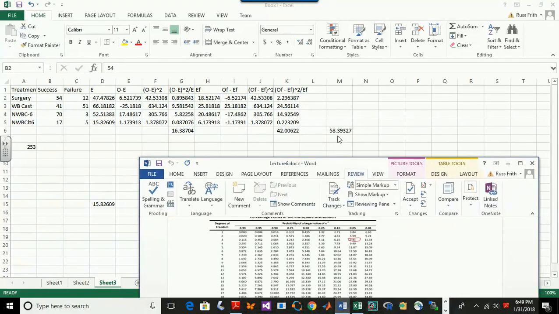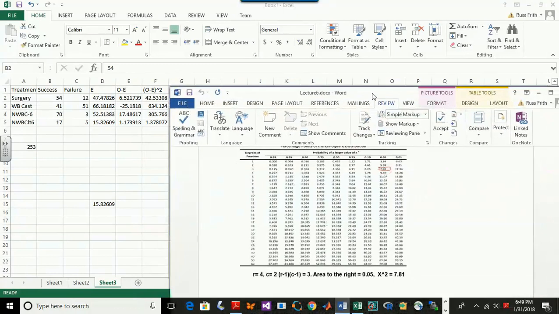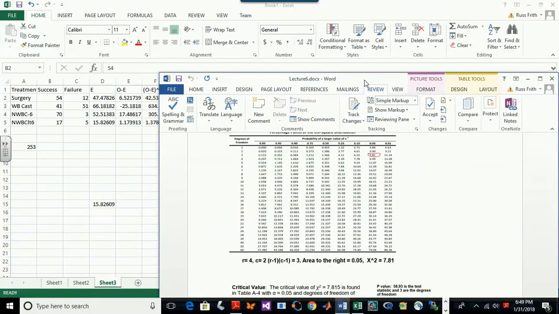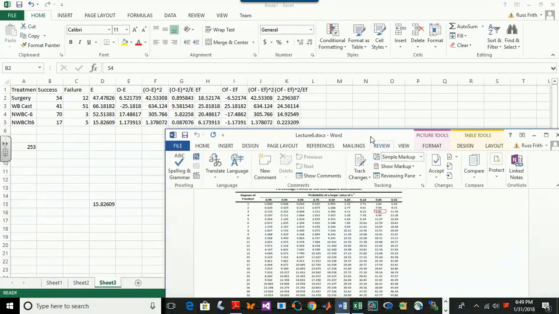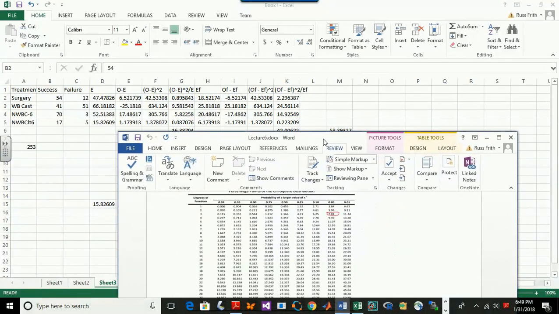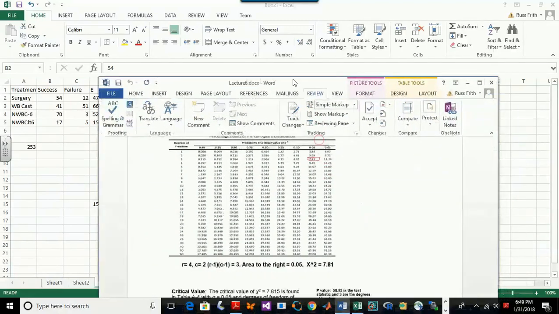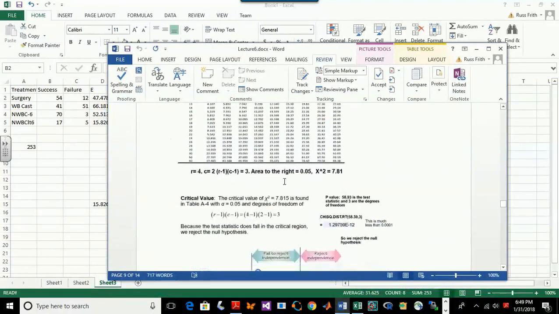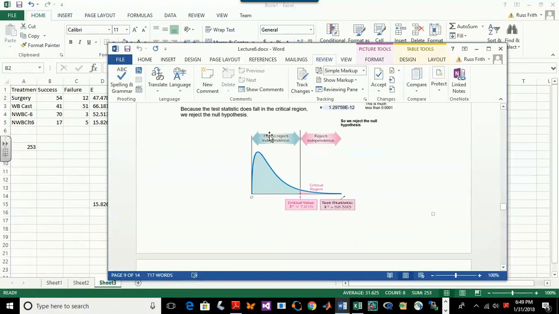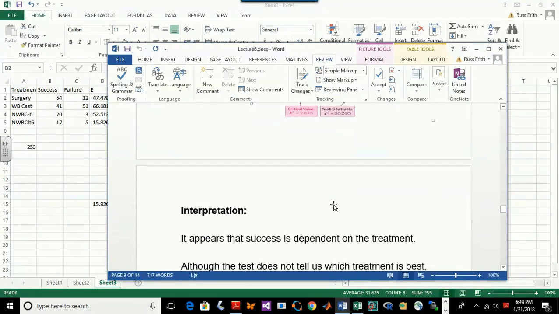So 58.39 is to the right of 7.81. So we reject the null hypothesis that all treatments are independent, and we accept the alternate hypothesis, that one treatment prevails. It's in the rejection region.